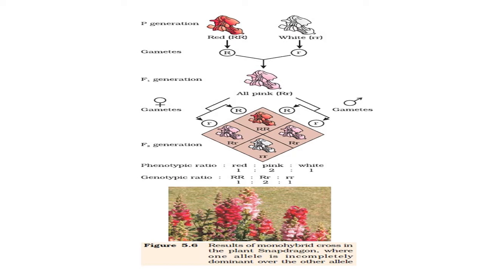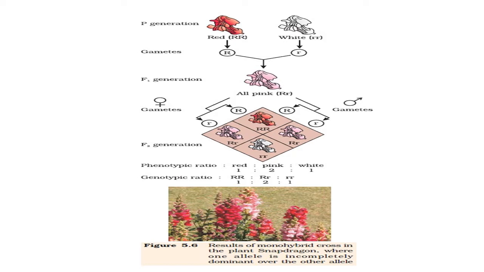So here you can see this color flower was not observed in the parents. In the parents it was red and white color, but in the F1 generation the color is a fusion of both combinations. Then in the next generation, suppose this pink color flower, capital R and small r, undergoes self pollination.